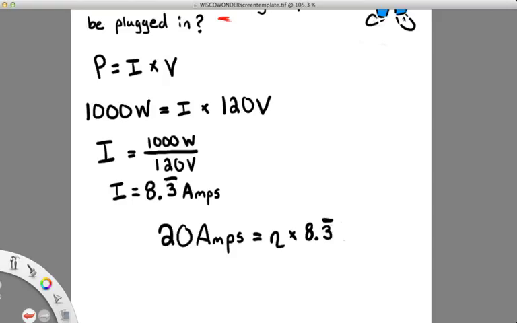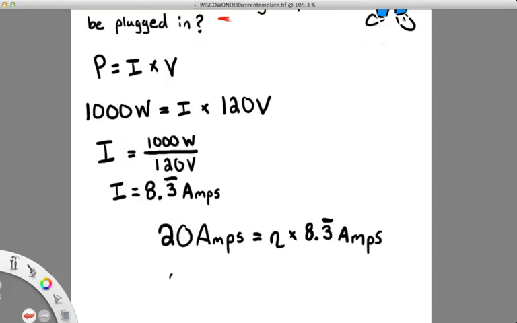So each lamp is responsible for roughly 8.3 amps of current. Each lamp is 8.3 amps. And then we know that the max current that we can get through this circuit is 20 amps.